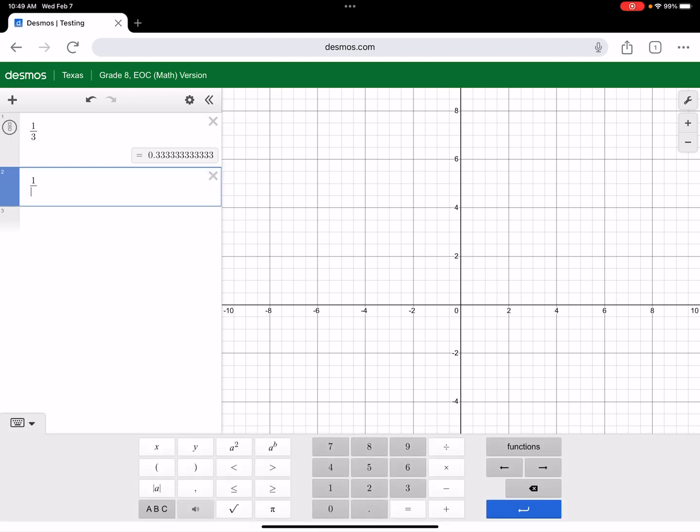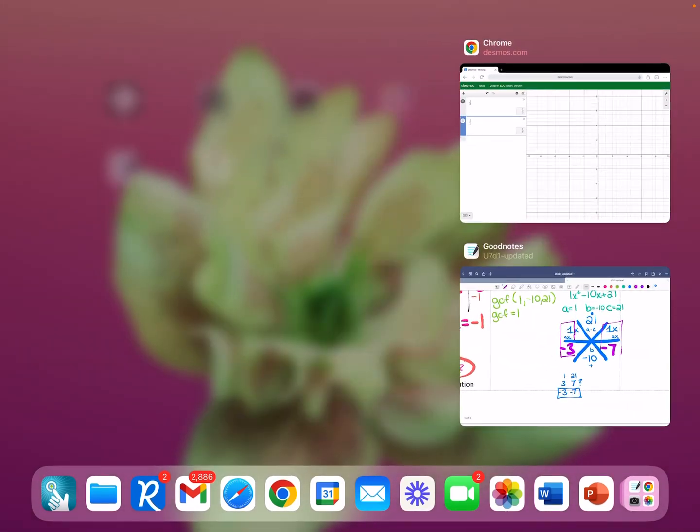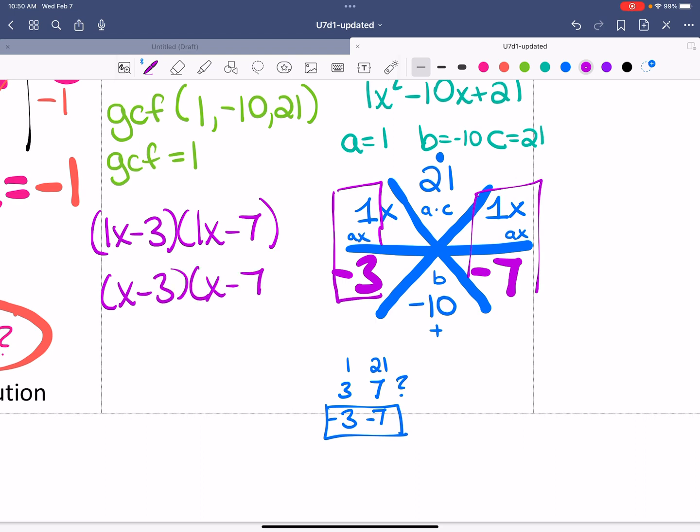I'm not typing in those minus signs because I already know I'm going to keep those minus signs. We get decimals, so we tap on the fraction buttons, and you can see that the numbers did not change. 1 over 3 stayed the same, and 1 over 7 stayed the same. So that means we're going to keep it as is. And so when we write them as factors, it's going to be 1x minus 3 and 1x minus 7. You can also choose to not write the ones and do x minus 3, x minus 7.